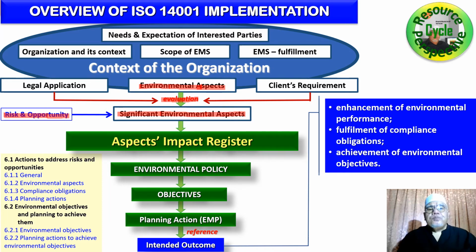Now, once we have got all our environmental aspects well laid out and listed in a prioritized manner, we will develop what is called the environmental aspects impact register. Once the environmental aspects are all listed down and evaluated, of course, we have a format for that.